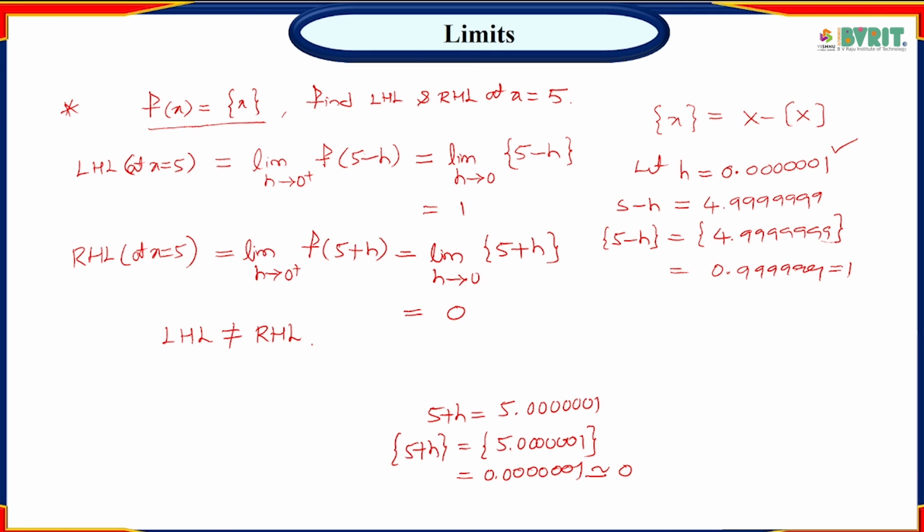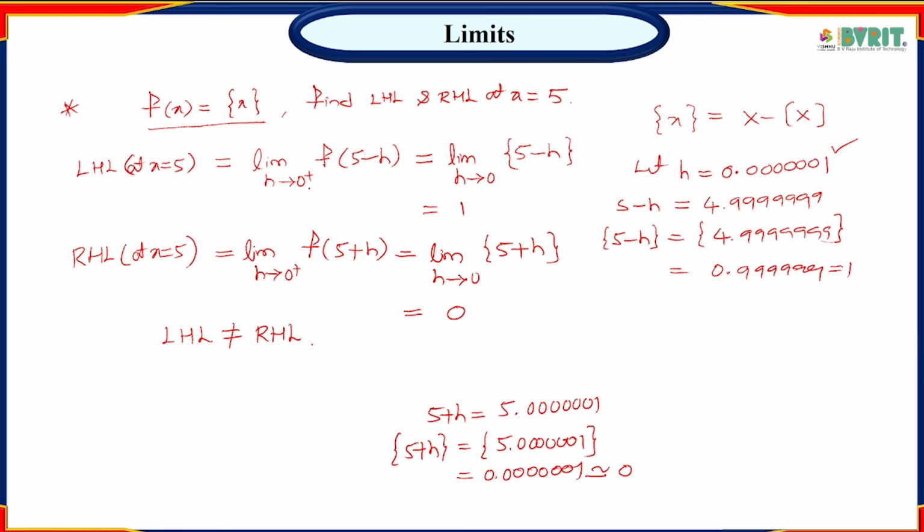Then the other method is the h method: limit h tends to 0 plus f of a minus h, and limit h tends to 0 plus f of a plus h. This method is exclusively for some problems like mod x or x by mod x, fractional of x or greater integer of x.